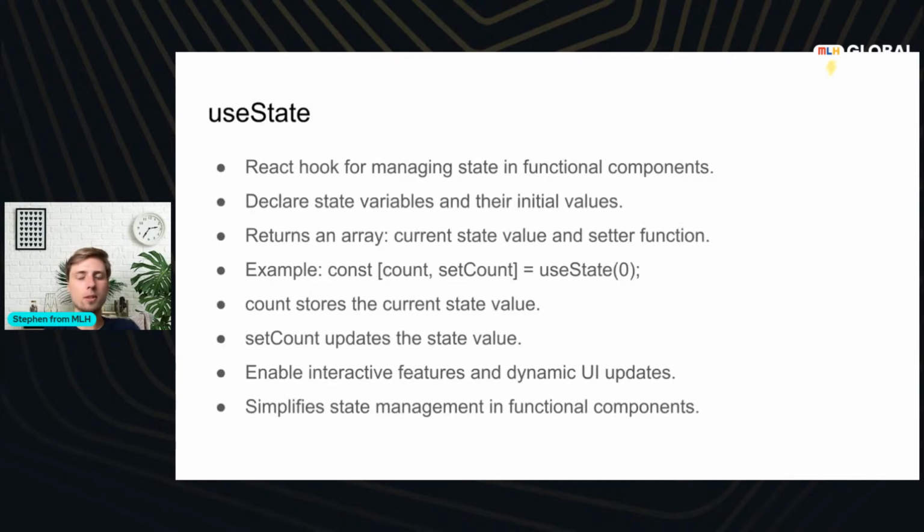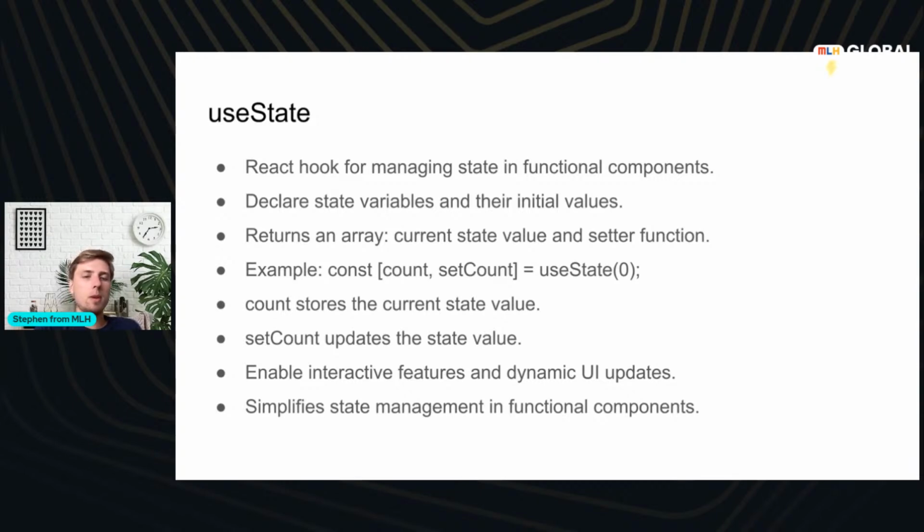So this is really important. So I'm just going to emphasize it again today in our recap. That useState is a React hook for managing state in functional components. And so, you can declare state variables and their initial values, and it will actually return two different things. First, a current state value.